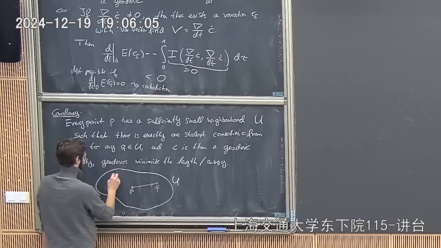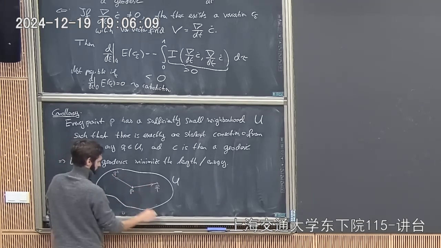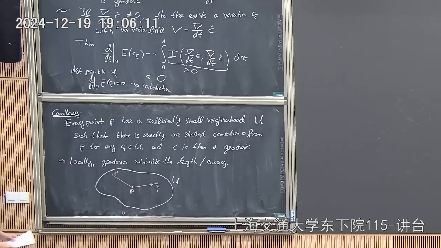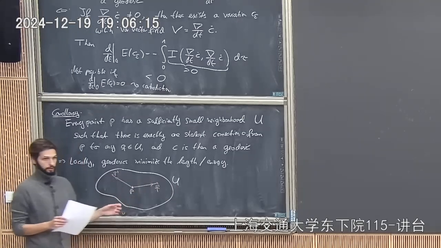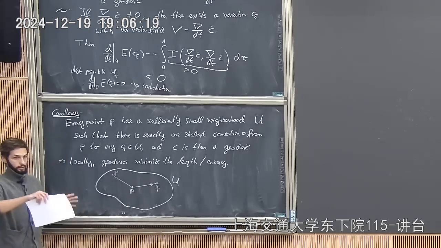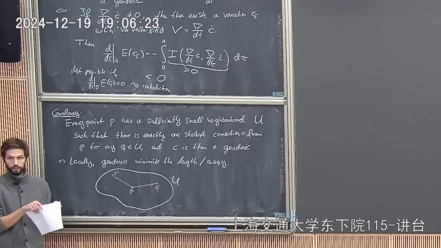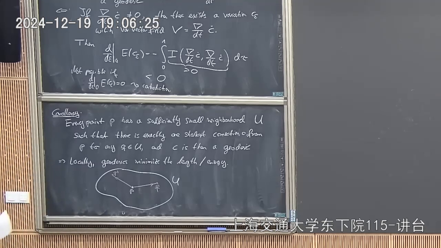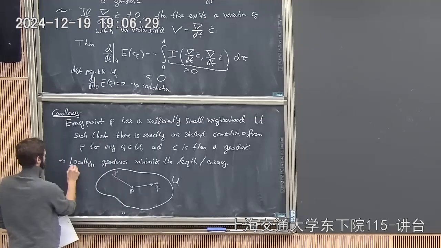And we can do that for every point in U. But it's important that there's a U around every point, and that U depends on the point. So some points might have a slightly bigger neighborhood, and some other points have a slightly smaller neighborhood. And it's important in this context that it's local.